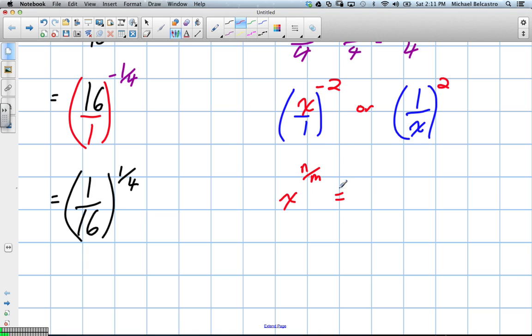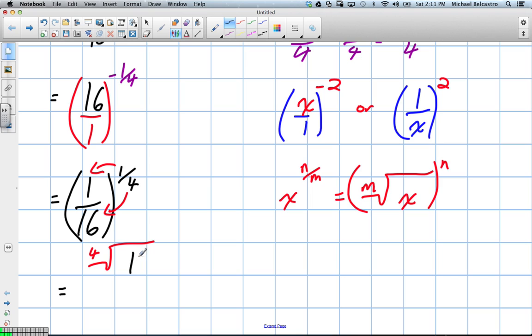This can be rewritten as the m root of x, to the power of n. Okay, so this is going to be the fourth root, and because there's a fraction, we have to find the fourth root of both 1 and 16. So when I rewrite this as a radical, I'm going to have the fourth root of 1, and the fourth root of 16.